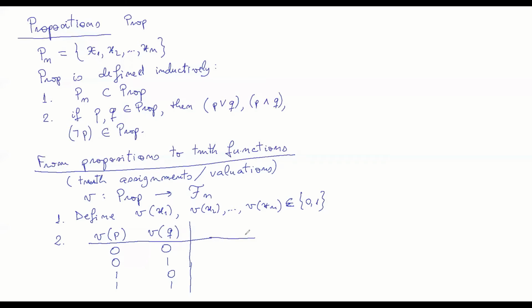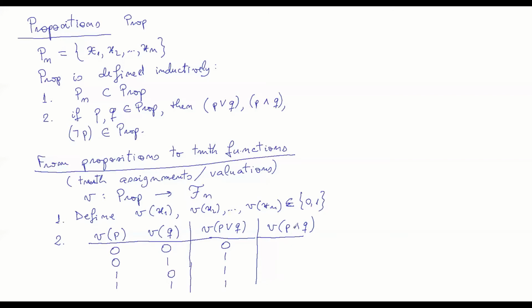So in this case, I'm going to define V of P or Q, and V of P and Q. As you can imagine, based on your intuition with logical formulas, the valuation of P or Q is 0 if the valuations of P and Q are both 0, and it's 1 in all the other cases, because at least one of them, and in the last case both of them, is equal to 1.